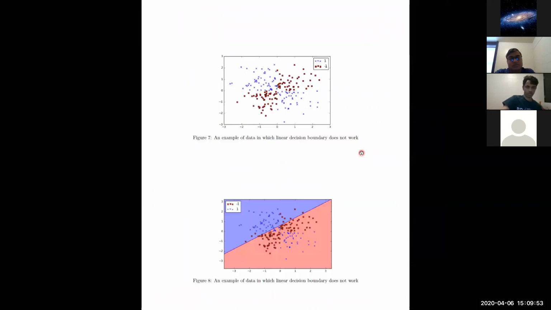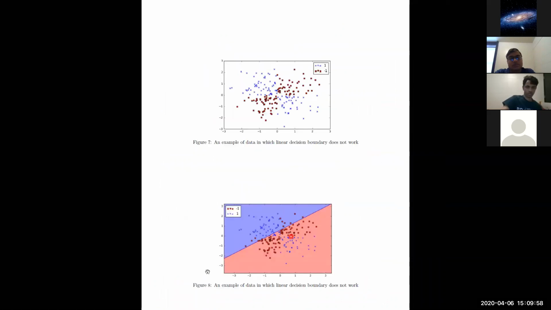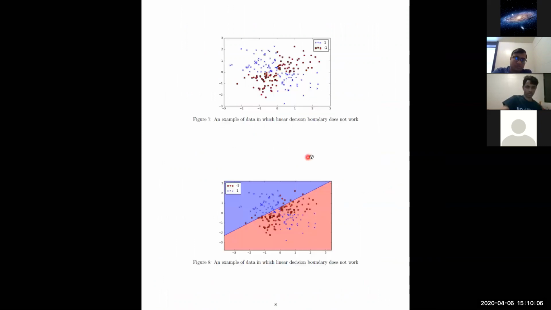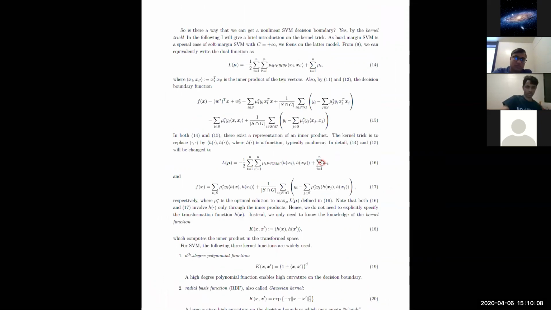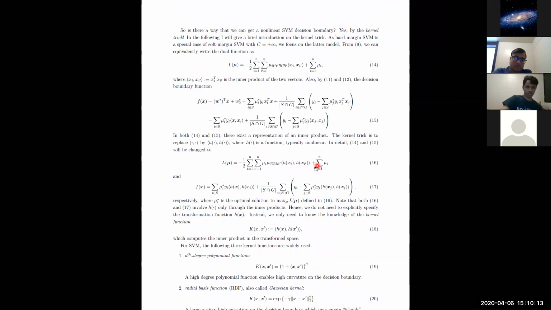After it, we introduced the kernel trick for the SVM, so that I can change this line to be a curve rather than a hyperplane, because for this kind of data, a hyperplane is really difficult to figure out. For the kernels, the trick is nothing but changing your x to be a function h(x).